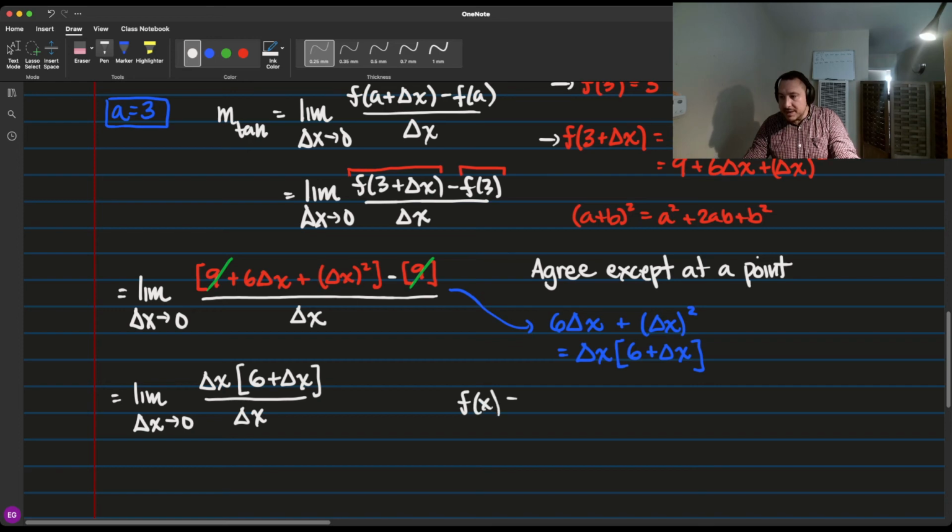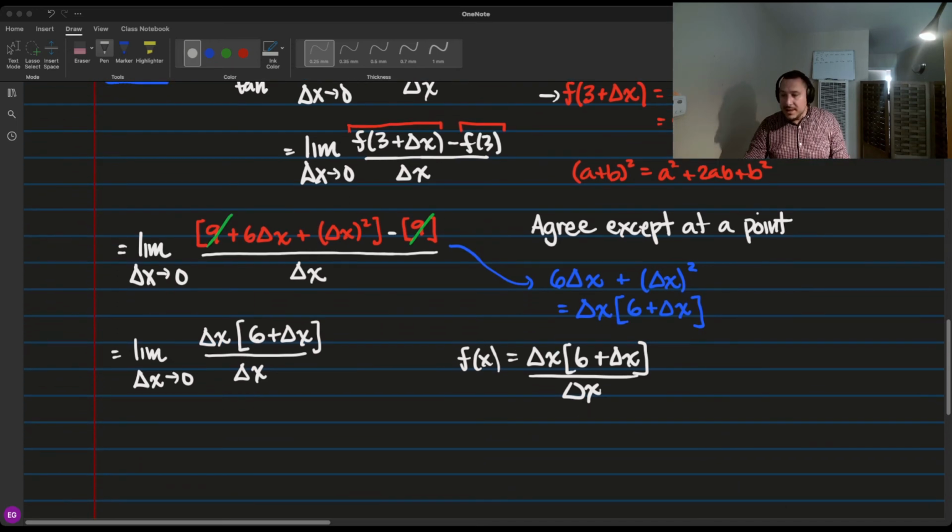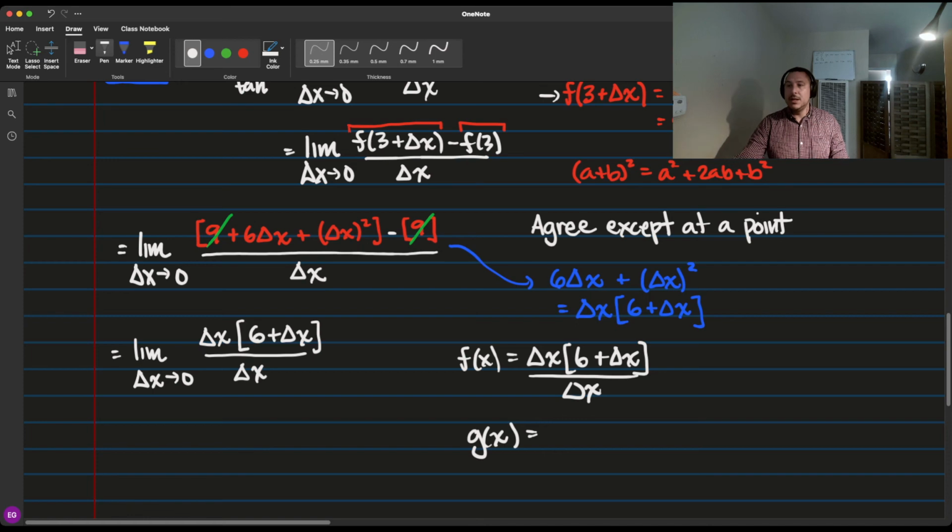Okay, so this is your f of x basically now. Your f of x is equal to delta x times 6 plus delta x over delta x. You cannot solve this limit with direct substitution because that would give you 0 on the bottom, right? But you notice that this function agrees except at a point with the function you get after these are canceled, which is 6 plus delta x.